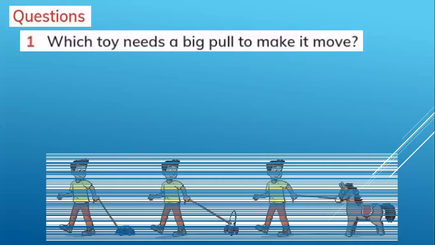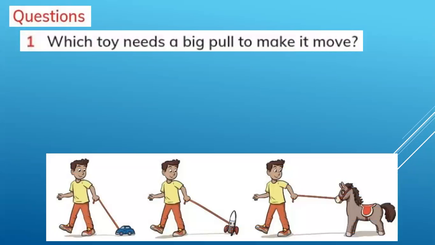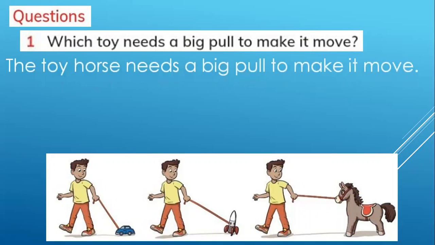Moving on to the questions. Which toy needs a big pull to make it move? The toy horse needs a big pull to make it move. You know that the toy horse is big, so when things are bigger or heavier, we need big force.